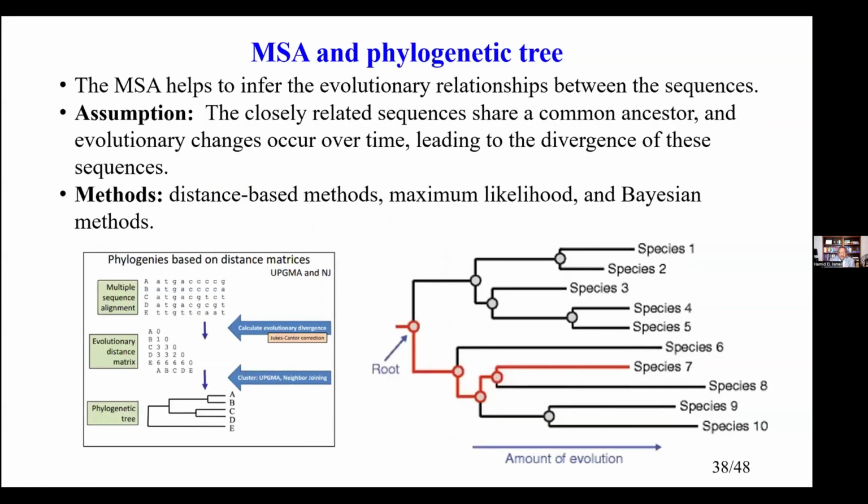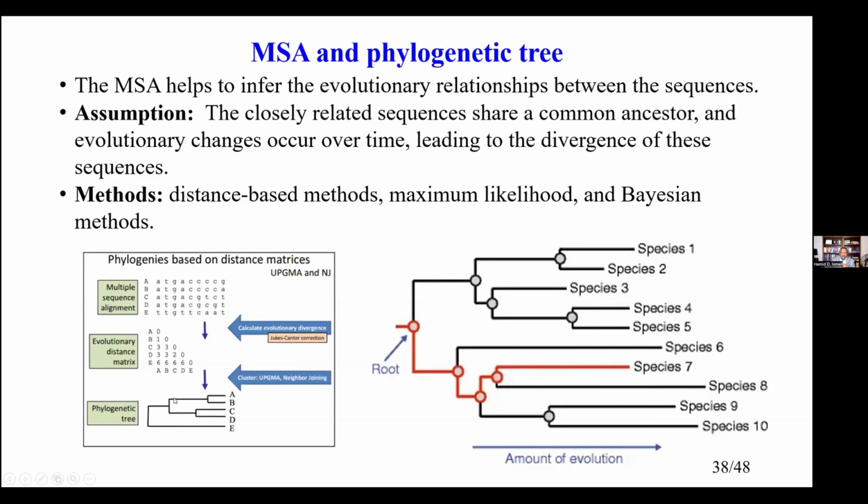One of the applications of multiple sequence alignment is the phylogenetic tree, and this is one of the most important things to study. The steps are as follows. First, you need to use multiple sequence alignment, then generate the distance matrix, and then you build the phylogenetic tree.